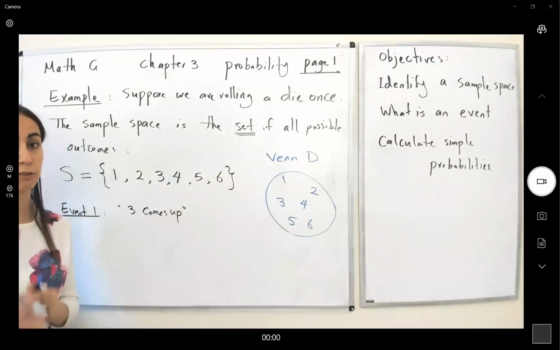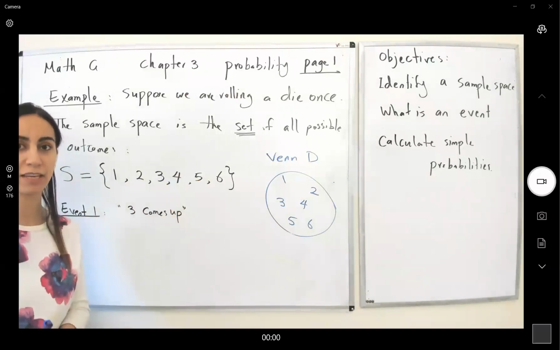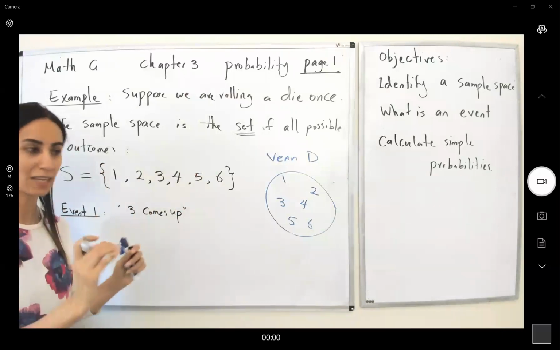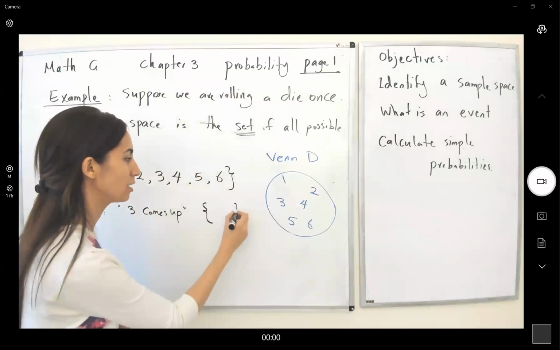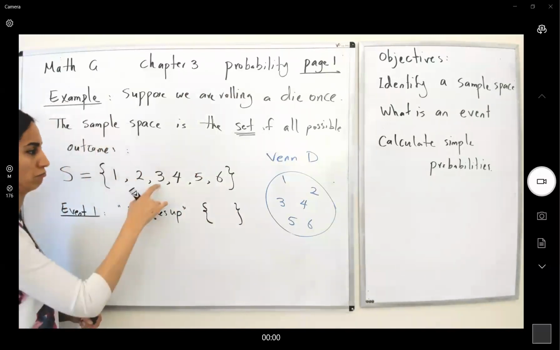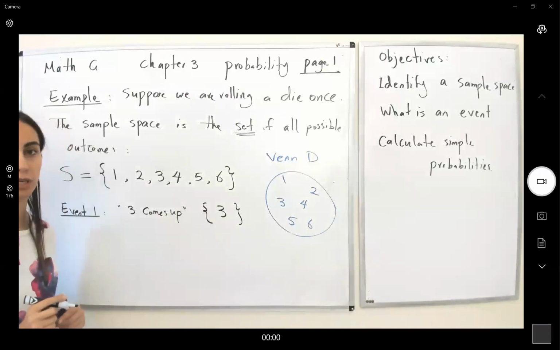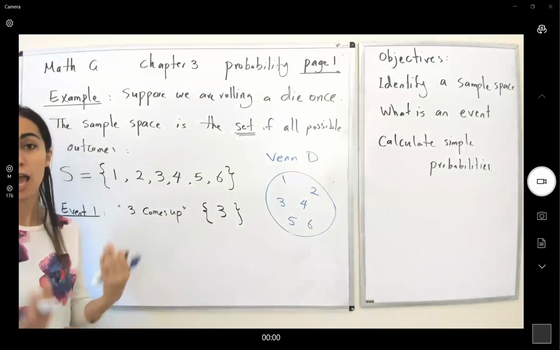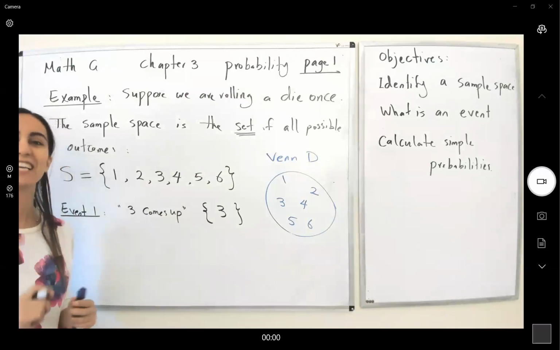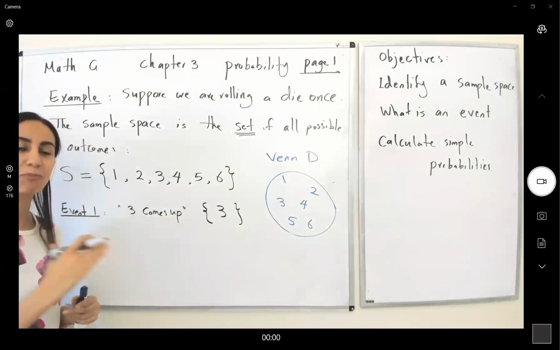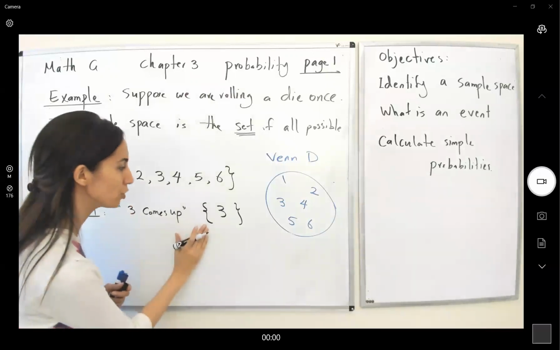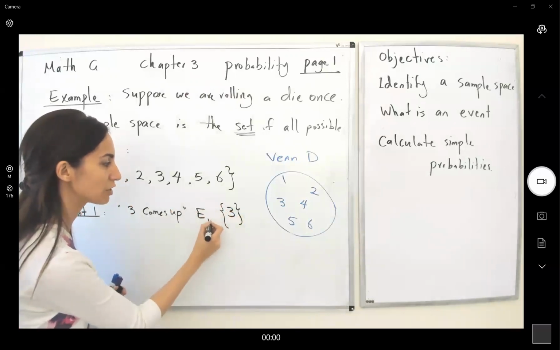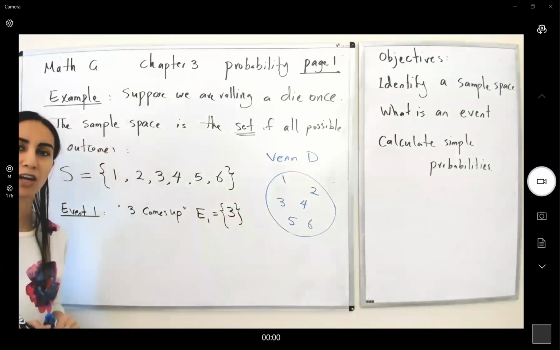This is an event. Remember that when you're talking about an event, an event is a subset of your sample space. So we're going to use the set notation. 3 comes up. So this set has 3. Very well. Remember that for events, we can use capital letters like E, F, or we can use some indices to just separate them from each other. So I'm going to use E sub 1 to represent the first event. It says 3 comes up.